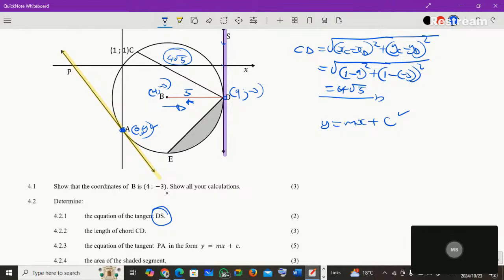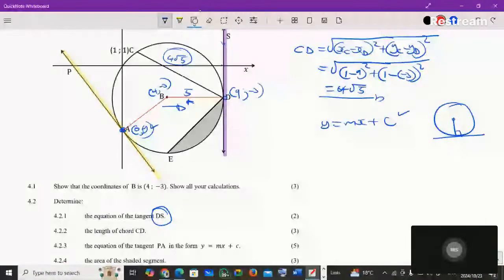Then we need the gradient m. To get the gradient, we know the gradient of a tangent is always perpendicular to the gradient of the radius: the reciprocal with the sign changed to the opposite sign, of the line from the center to the tangent. So we have a line from the center to that tangent, which is BA.